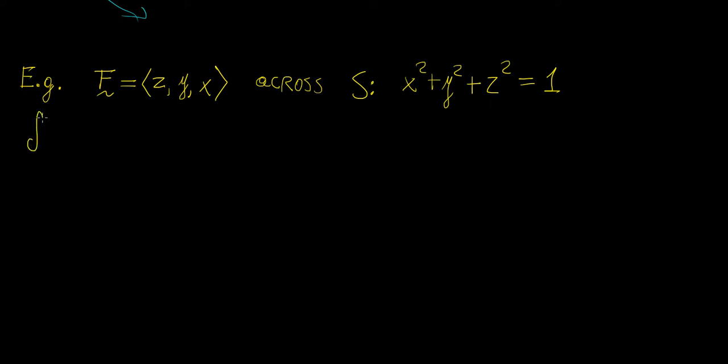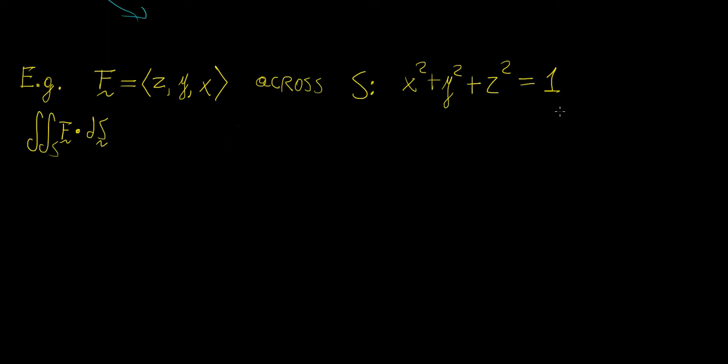If you want to compute this integral, the first thing you need to know is what is going to be the surface r. We need to find the parametric surface, of course, because we need to take the cross product and then the dot product with F to compute the integral. So the first thing is to choose a set of coordinates.